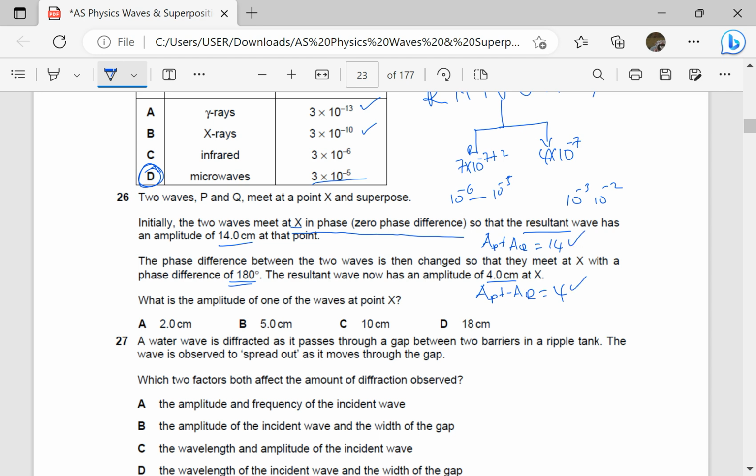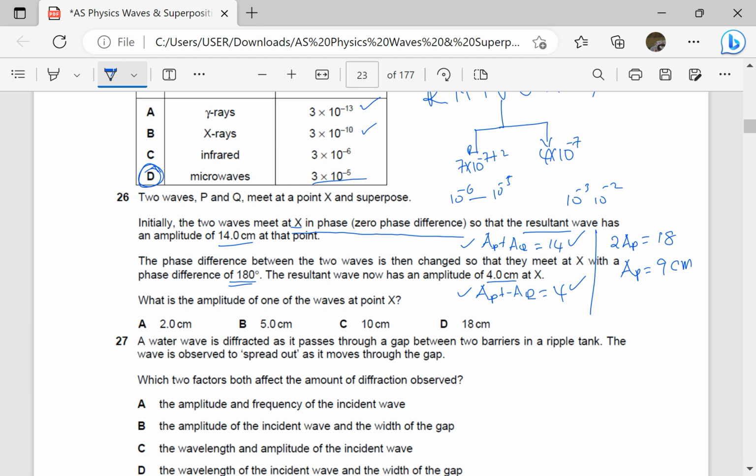So we have two equations to solve. When I add equation 1 plus equation 2, I will have twice AP equal to the sum of 14 plus 4, which is 18. So amplitude of P is going to be 18 divided by 2, which is 9 centimeters.